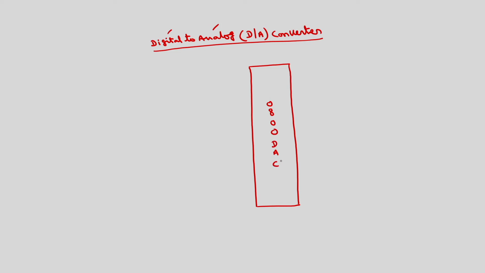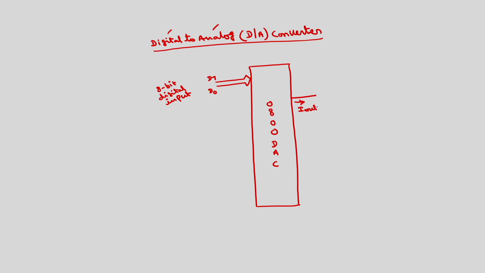The 16 pins of this D2A converter are, so we will be having an 8 bit DAC, with 8 bit digital input D7 to D0. The output will be current rather than voltage. This is I out.